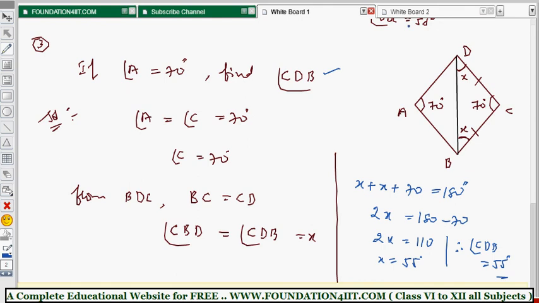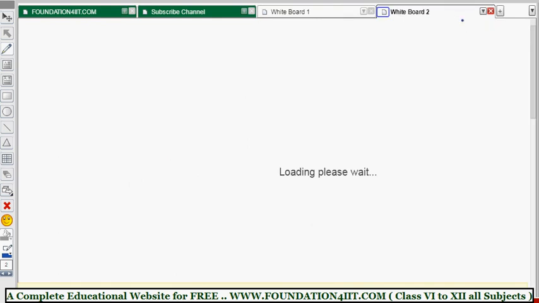Now you will see one word problem. So quadrilateral word problems will come. Let me show you. Write the question.